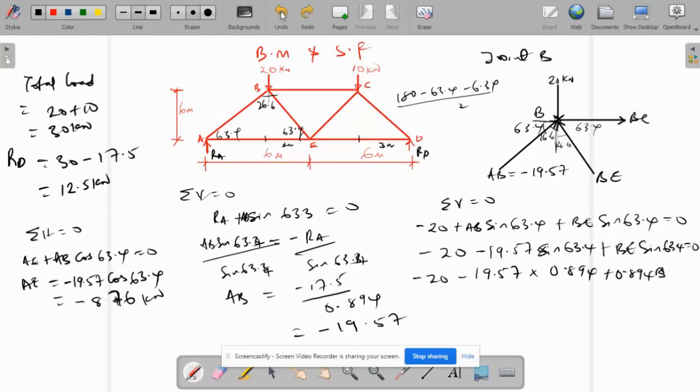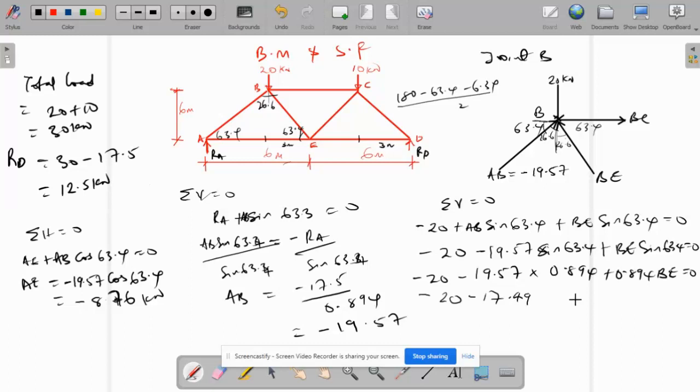BE is equal to 0. So here, when we multiply 0.894 by 19.57, we have minus 17.49.